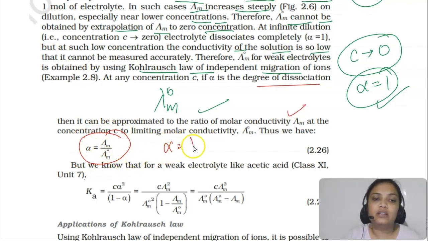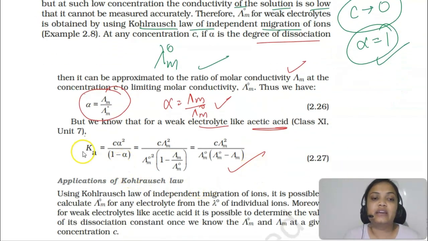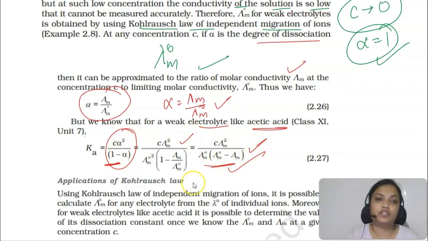So alpha is lambda m upon lambda m naught. For a weak electrolyte like acetic acid, when we do the equilibrium chapter you will see this: the Ka, the equilibrium constant, is C alpha square upon 1 minus alpha. So we will put the value of alpha here and you will get this relation.